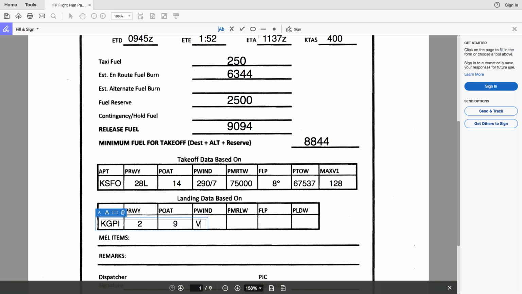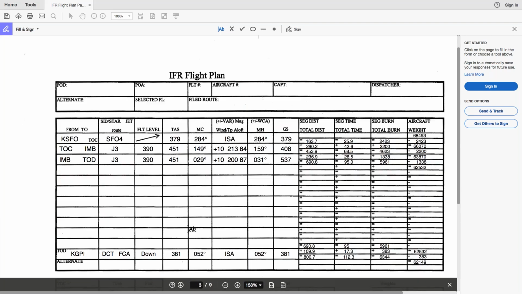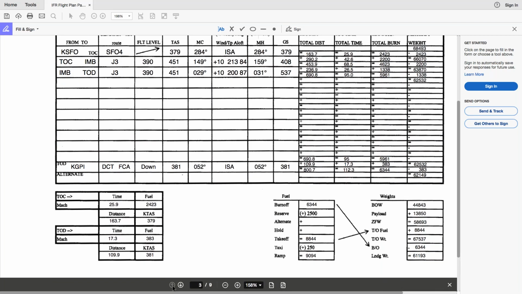Yeah. BRB 03. Just use the 67,000 pounds, flaps 45. And planned landing weight was 61,193.